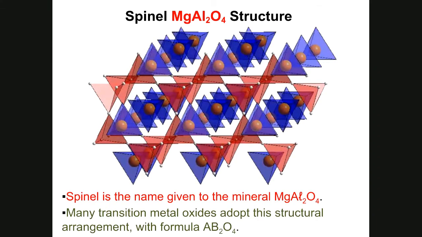They are given by a general formula for spinels. You have got a formula A B2 O4. You've got one entity of an A type, a type of metal ion, and a B type. So the A type metal ion will be the one that is in a tetrahedral environment surrounded by 4 oxide groups in this case.